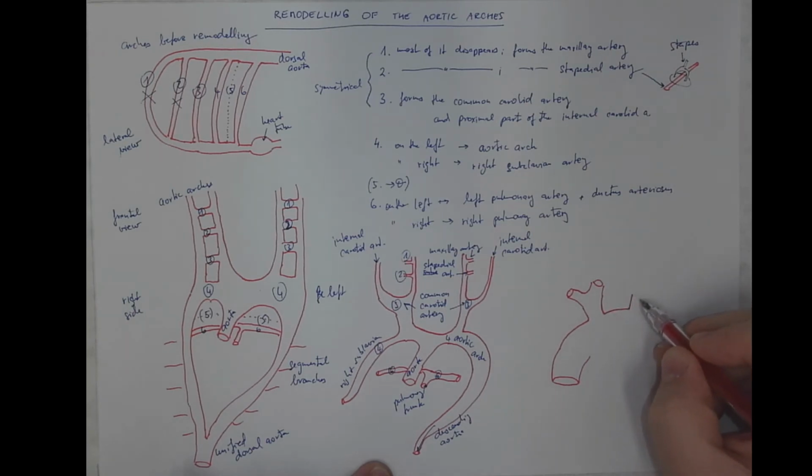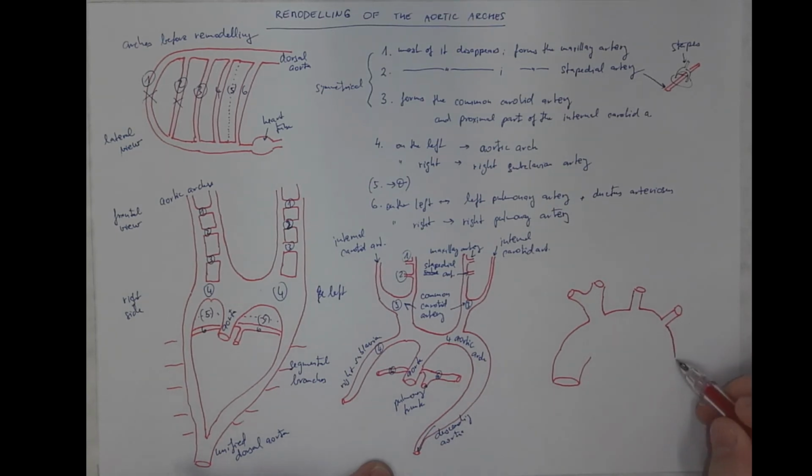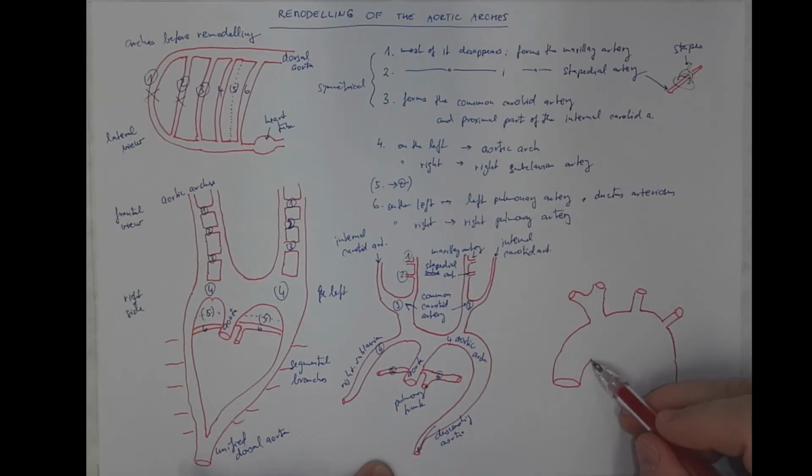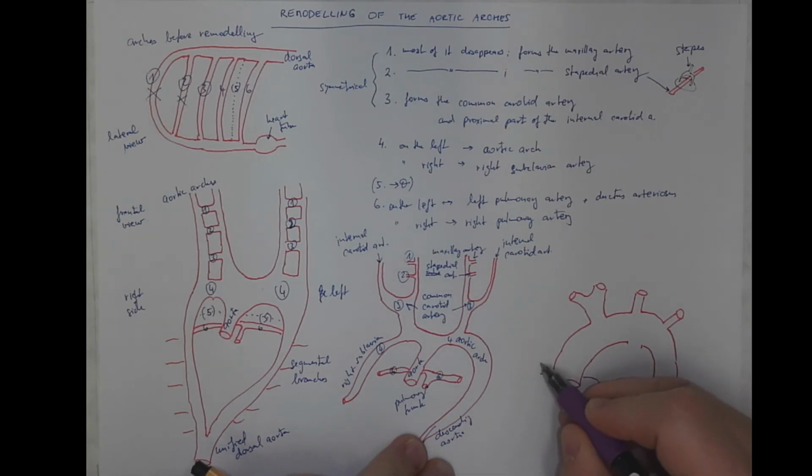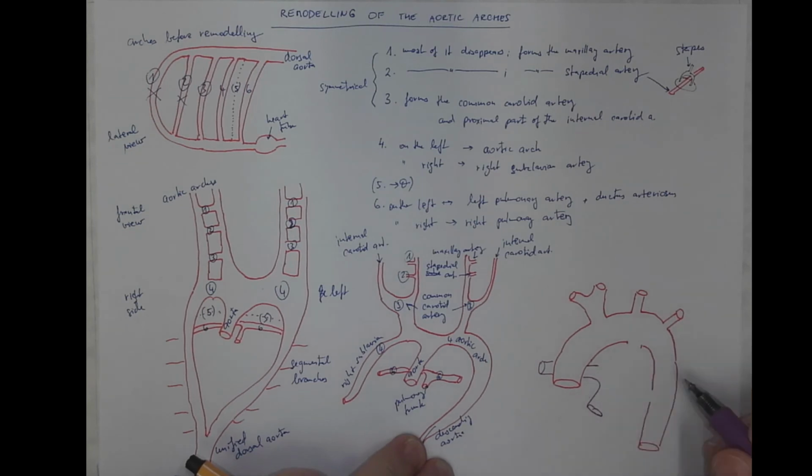Then we got a left common carotid artery and the left subclavian artery. And the descending aorta, not forgetting the pulmonary trunk, the branches to the right pulmonary artery.